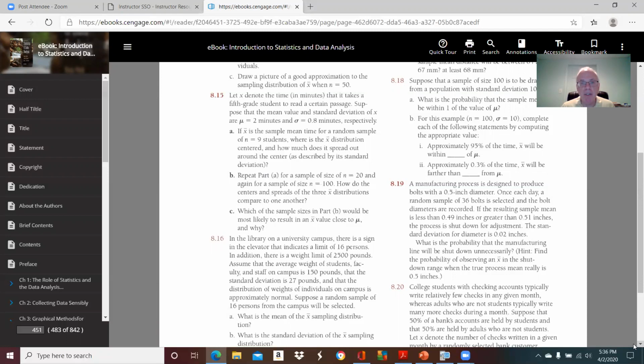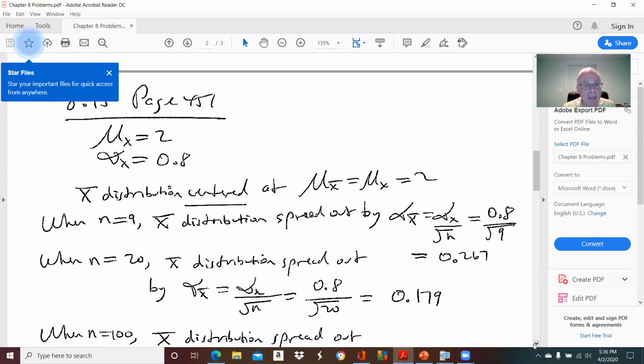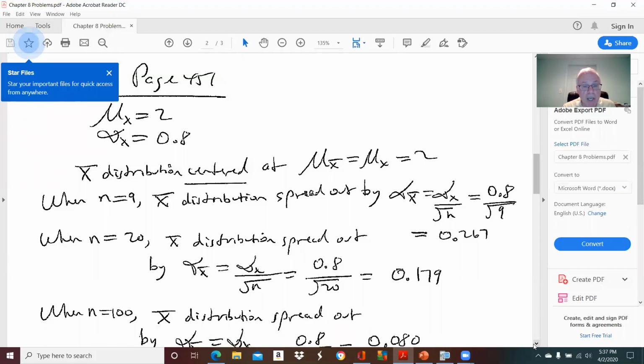All right, so let's again go back to the handout here that I will give you. Here's our mean and standard deviation of 2 and 0.8. And then once again, the mean is always going to be 2, regardless of the size of the sample. The mean of the sampling distribution is always 2.